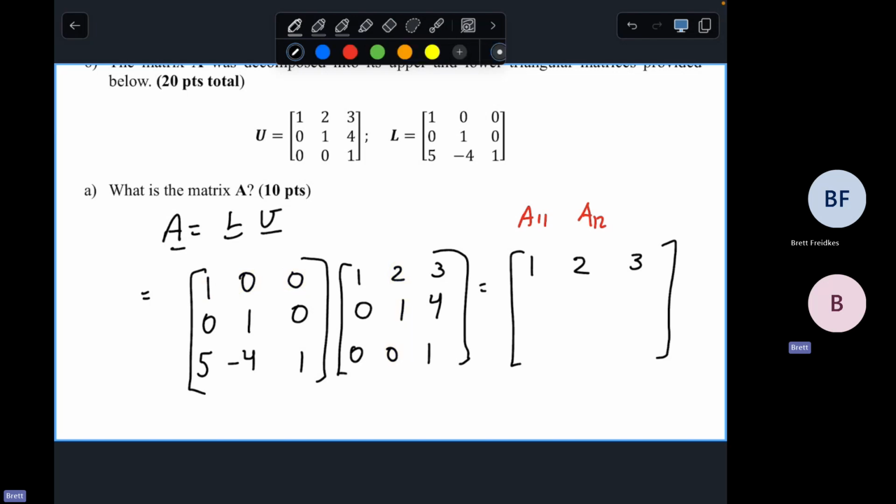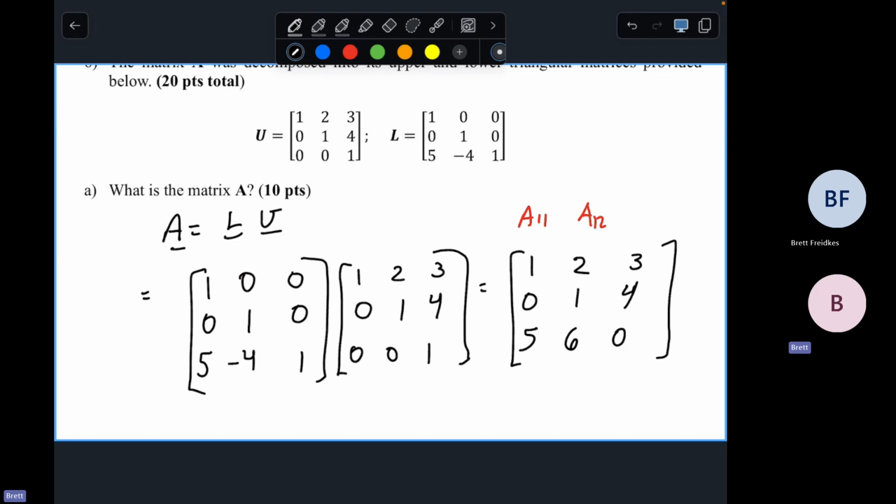What's the next one? 0. What's the next one? 1. Next one? 4. Next one? 6. That's good. The last one is the only real challenging one here. It's 15 minus 16 plus 1, which is 0. That is our answer.